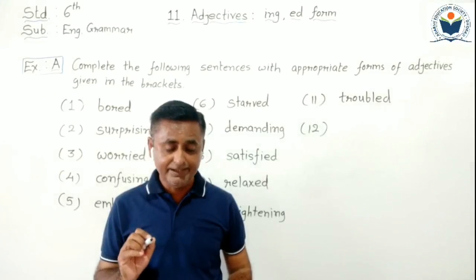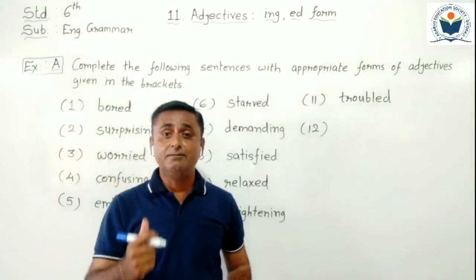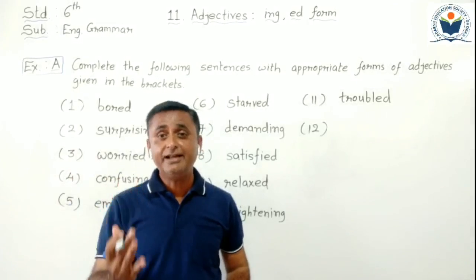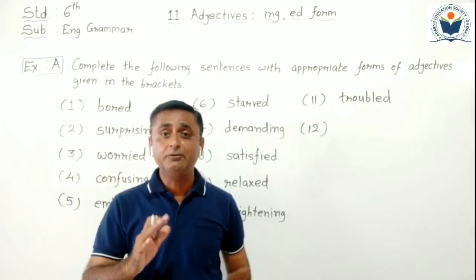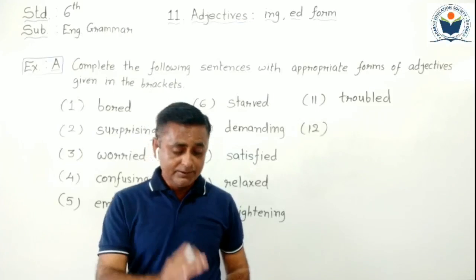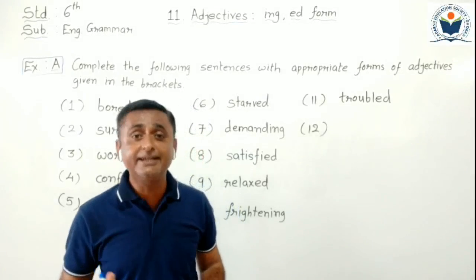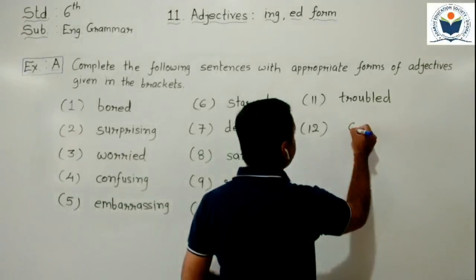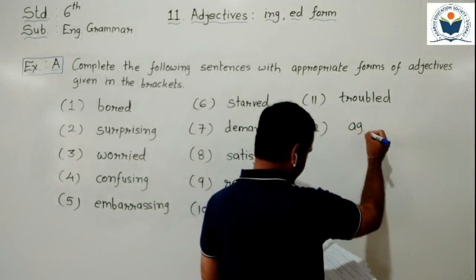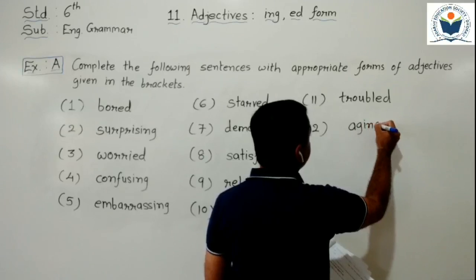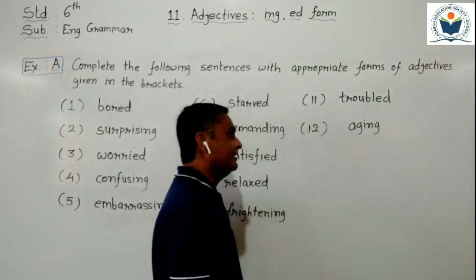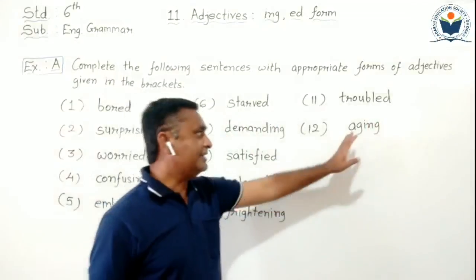We describe walls here, and whenever we describe anything, we put the ing form. So what do we put here? Dazing, D-A-Z-I-N-G. We put dazing in that last blank.